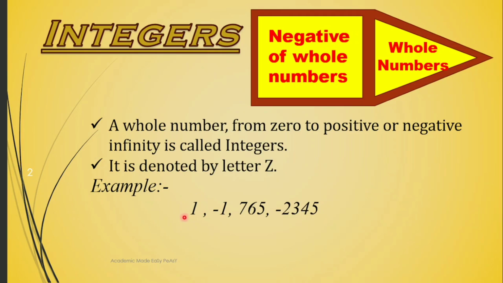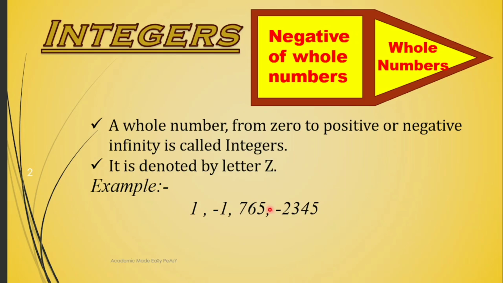Just take an example of 1. 1 is just represented as 1 only, but still we call this positive 1, because we need not represent positive numbers with a plus sign before them. Even if the sign is not mentioned, we consider them positive numbers unless and until we get a negative sign like this. So this will be the positive number and this will be the negative number.